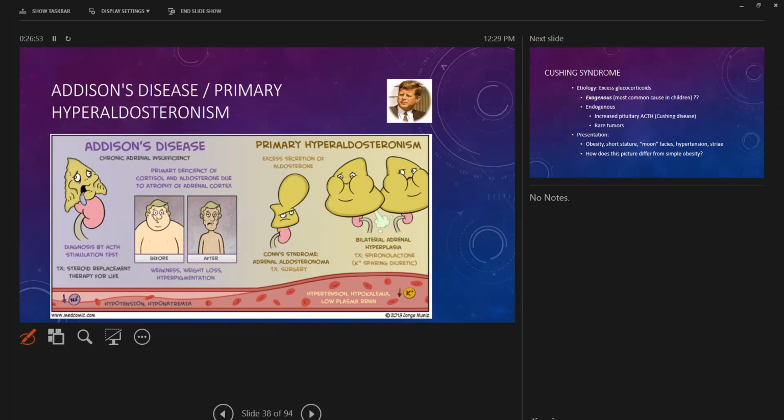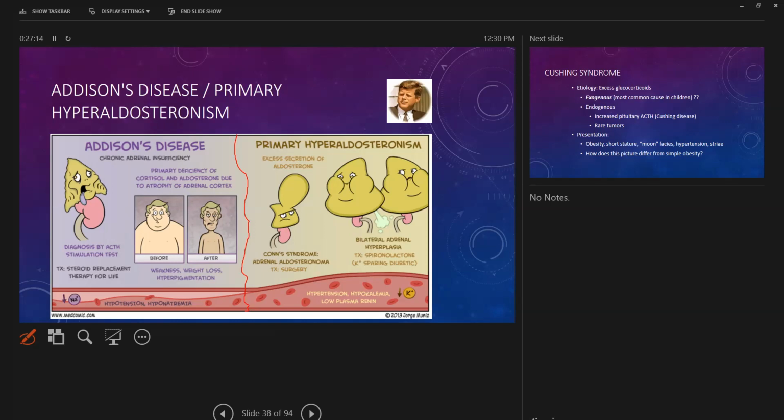Treatment for this is steroid replacement for life. Due to the fact that aldosterone is affected, you're going to have sodium abnormalities, and in the case of Addison's, it's going to be a hyponatremia. Addison's can then be differentiated from primary hyperaldosteronism.